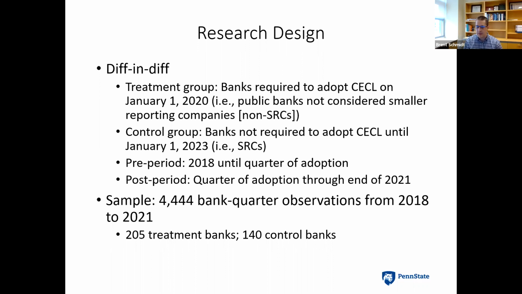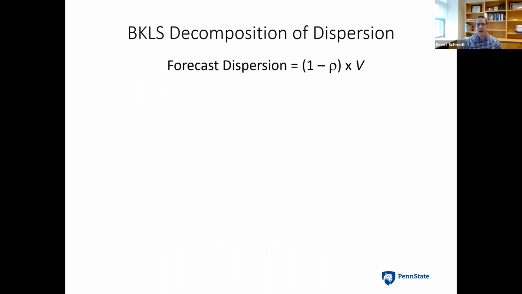One thing we have done related to that, and let me jump to this, is this idea of how to interpret specifically the dispersion result. I think this may help speak a little bit to that. Again, it's not exactly your suggestion of looking at cross-sectional differences of which managers we trust versus not, but what is the source of dispersion, right? So we do this BKLS, the Barron et al.